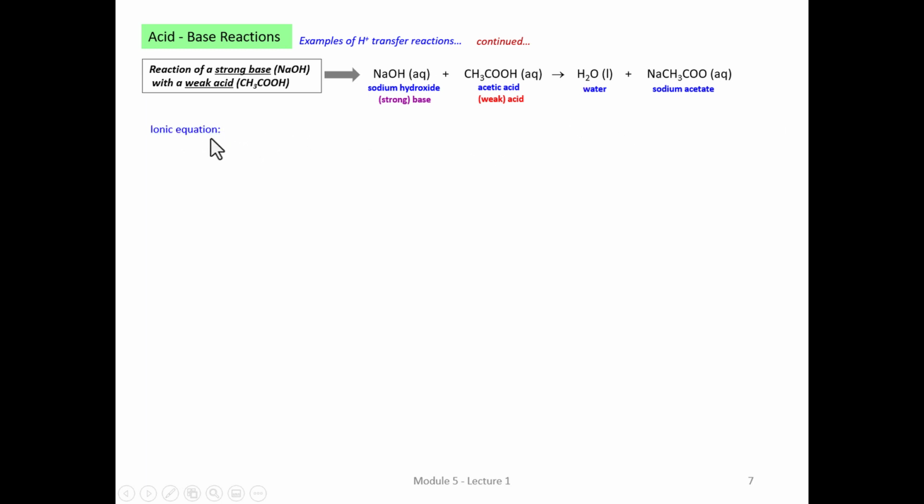Let's write out an ionic equation. Sodium hydroxide written in the form of its ions. Acetic acid not written in the form of ions because remember it's a weak acid and stays mostly in this form unless there's an attack from a base, which is what's going to happen.